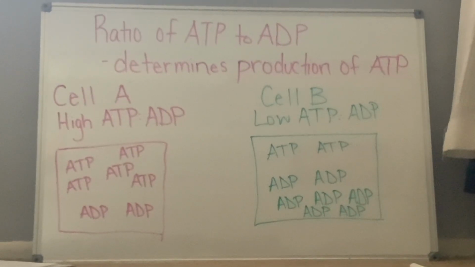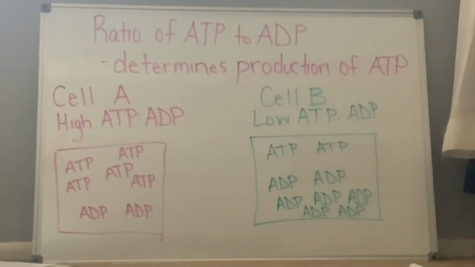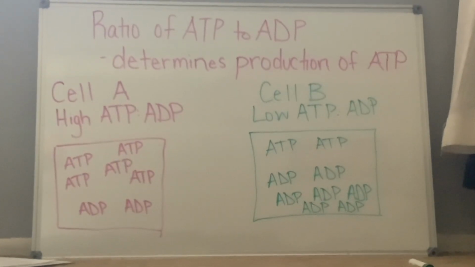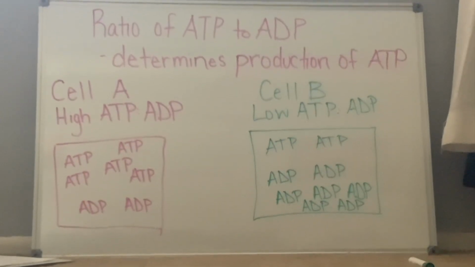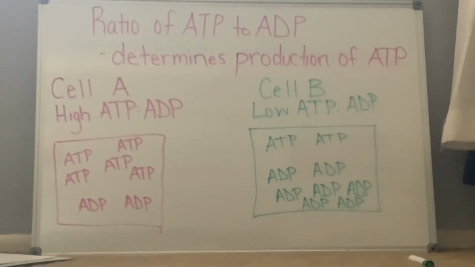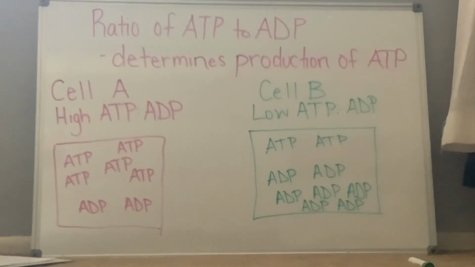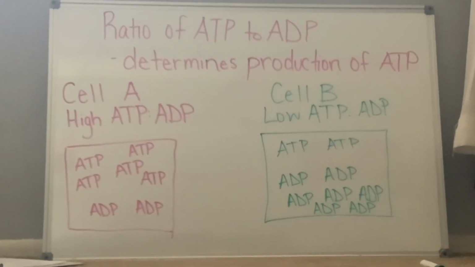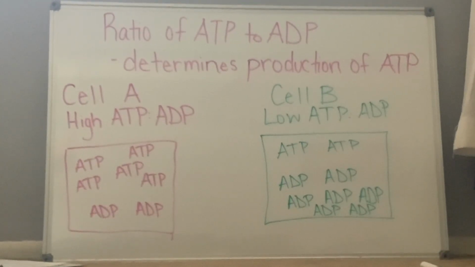One of the most efficient ways that ATP production is regulated is by the ratio of ATP to ADP present in the cell. The ratio determines the production of ATP from the metabolic pathways. In cell A, we find a high ratio of ATP to ADP.